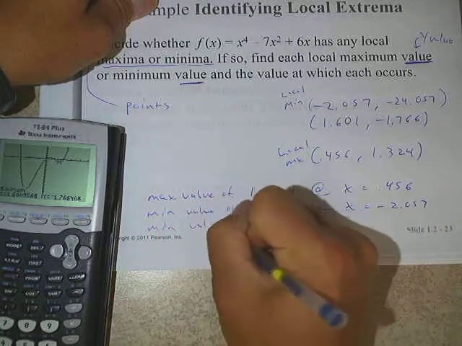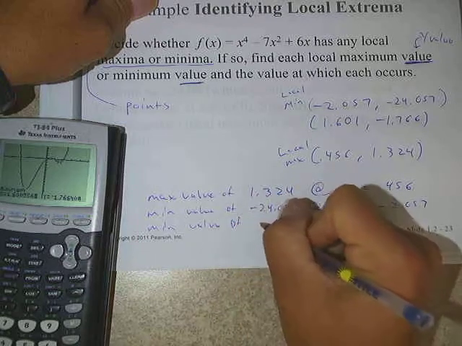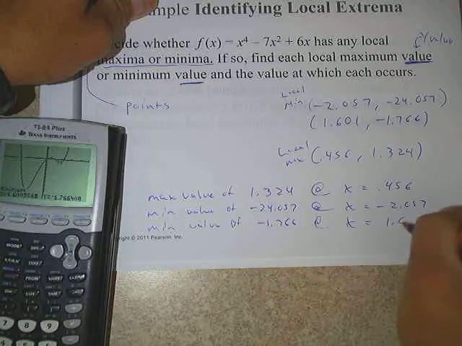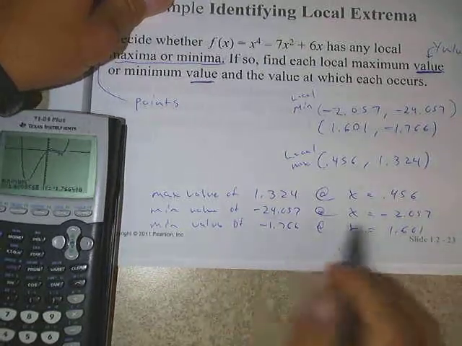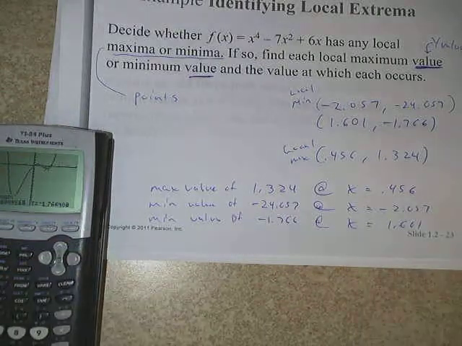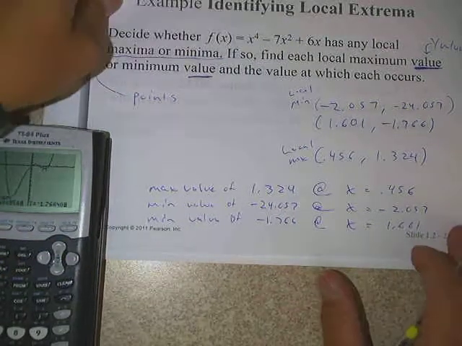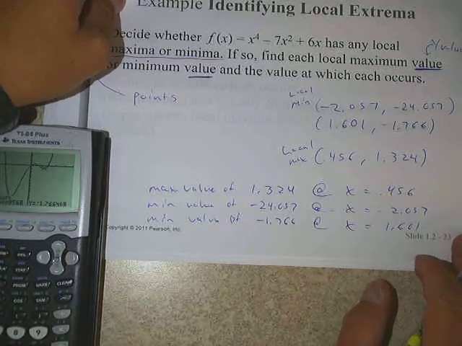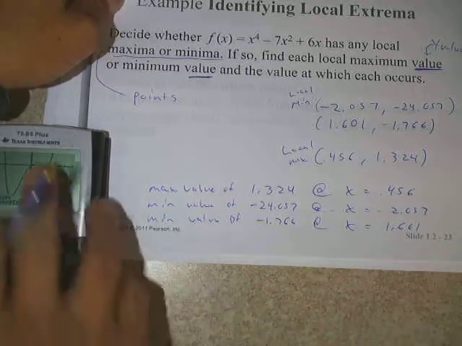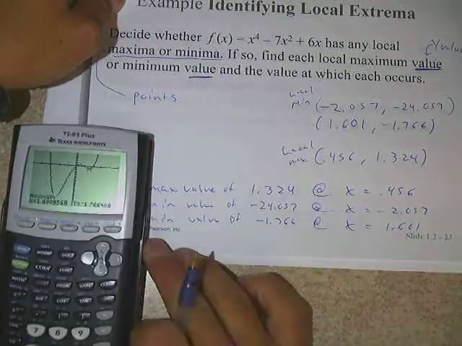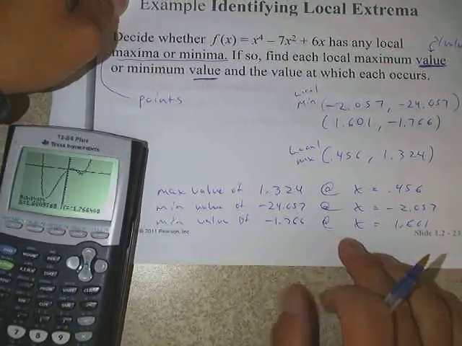Okay, we would say a min value of negative 24.057 at x equals negative 2.057, and another min value of negative 1.766 at x equals 1.601. Okay, so this would be the official answer for this particular question. Okay. Questions so far before I make another comment about what I wrote?